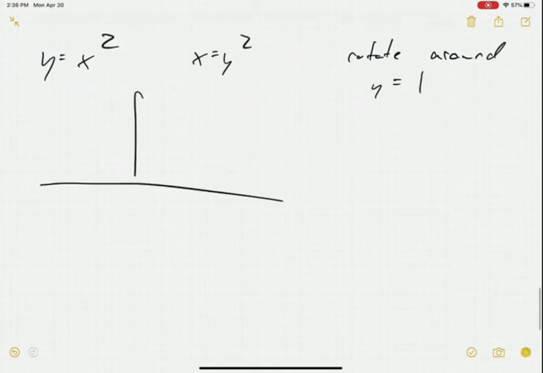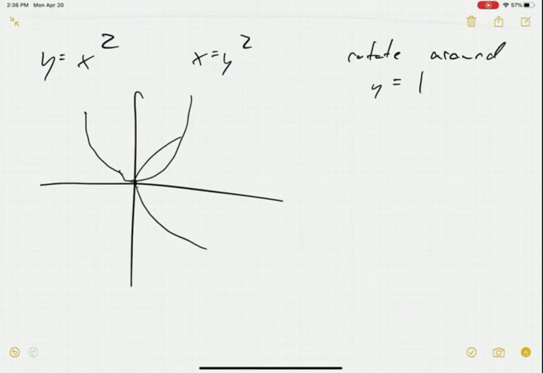First step, draw our region. Y equals x squared is just our normal parabola. X equals y squared is our sideways parabola. So this is our region. We could first figure out where these curves intersect.